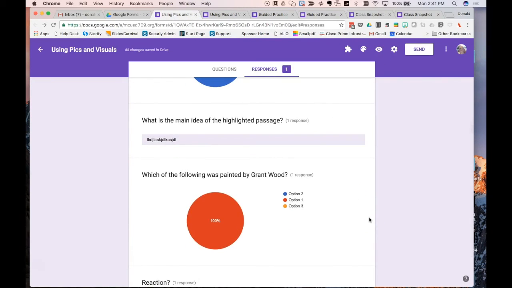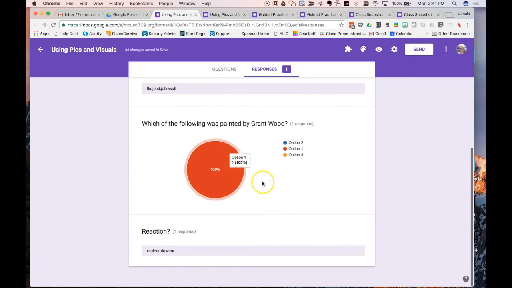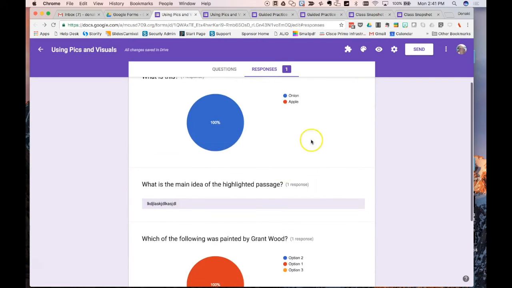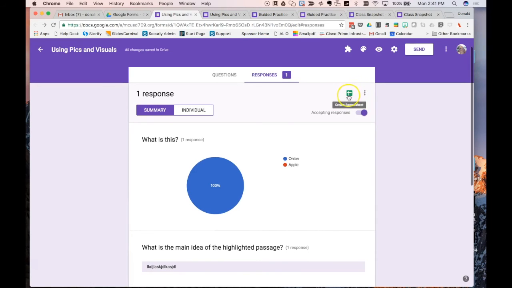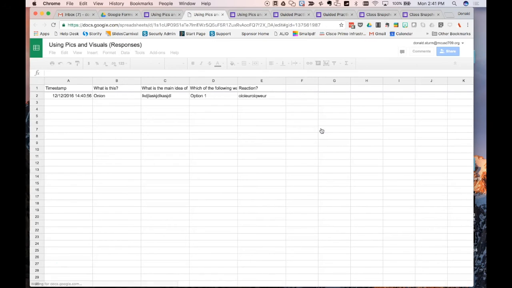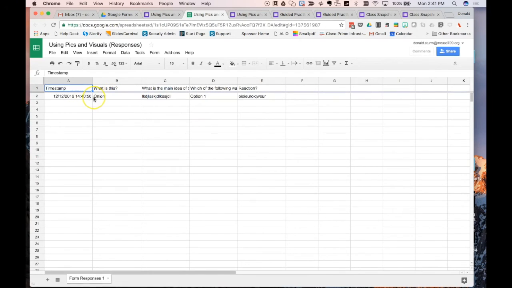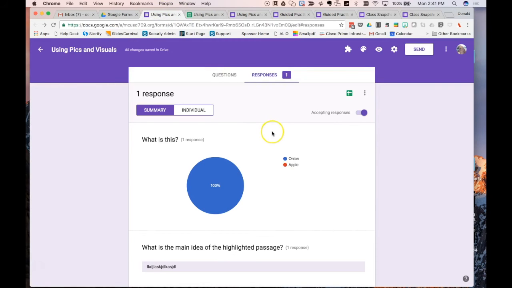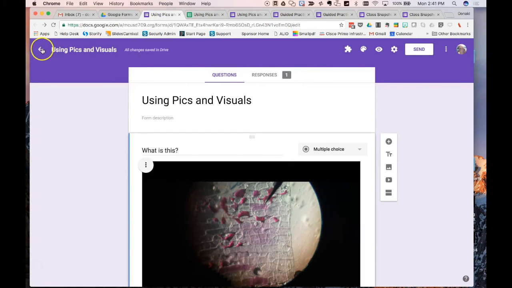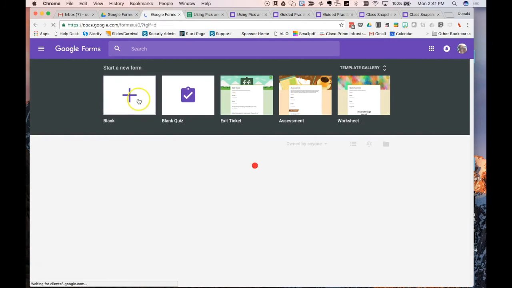So I can see, now the main idea, a little bit more difficult because the reading involved, but here you're going to get some graphs of, okay, it looks like people understand that. But then I also have the ability of, okay, here's what, if I have them sign in, if I'm capturing their username, then I can see what specific answers the person had. So don't forget about the pics and visuals.